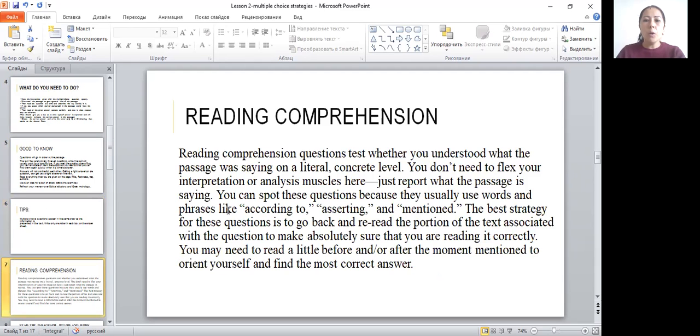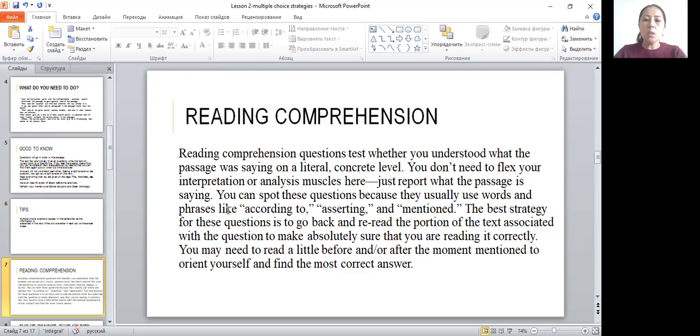And reading comprehension questions are one of the first question types, included in multiple choice reading comprehension. They test your understanding of the passage or text very well.